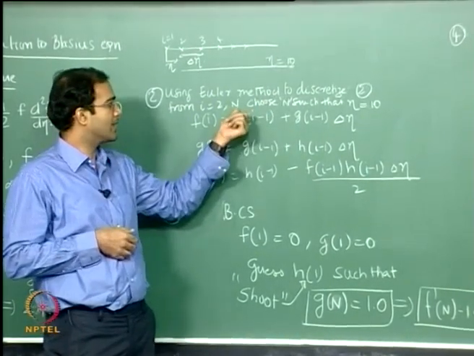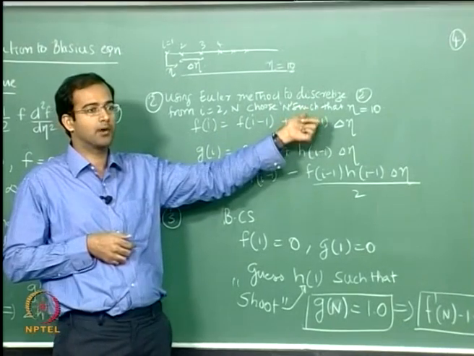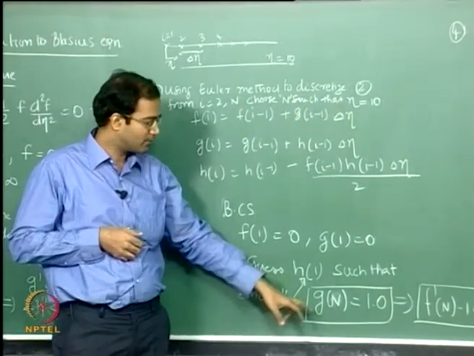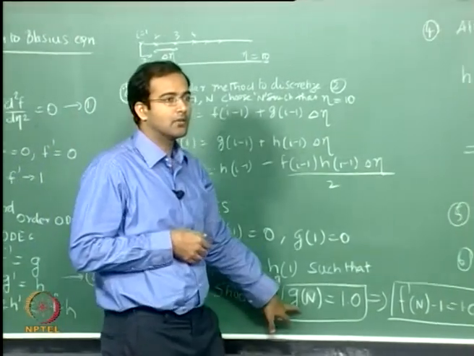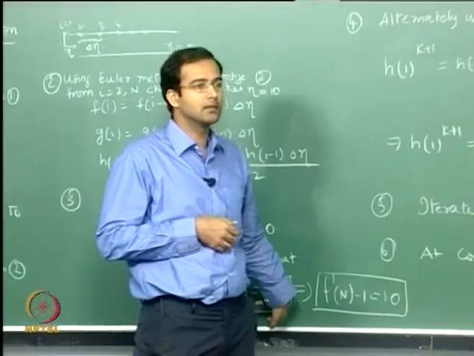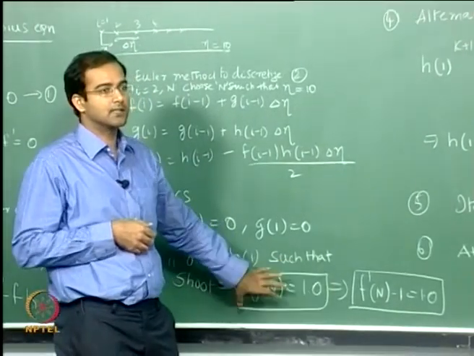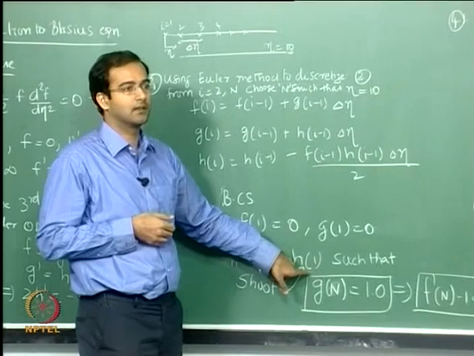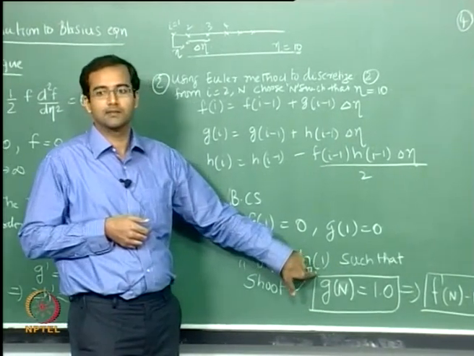You have to choose n number of points such that the nth point corresponds to eta equal to 10. At the nth point, the value of g should be equal to 1. If this is satisfied, that means your guess for h of 1 is correct, right?